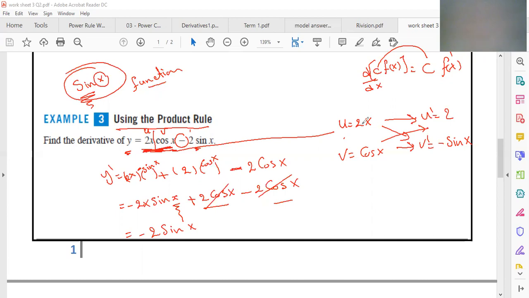As you see here, I know the derivative is 2. This one is the derivative of 9 sine x. Here minus 2 cosine. Okay, I think it's okay. Please study well and revise your sheet, and watch the video to understand everything.